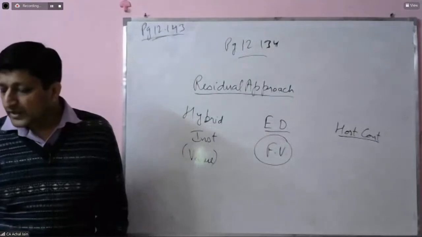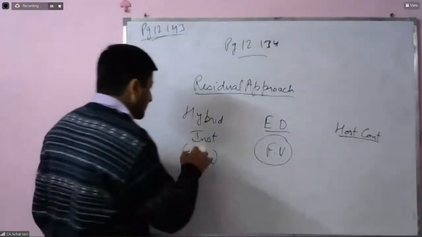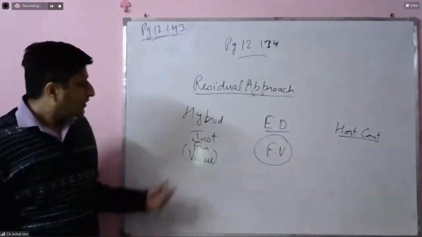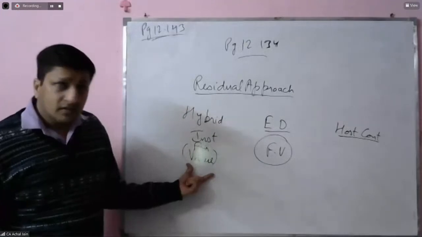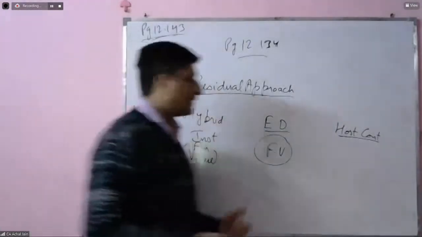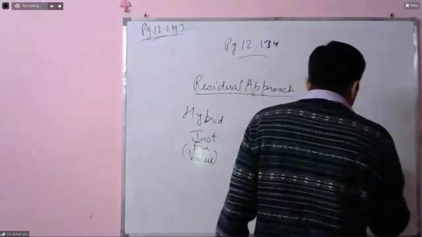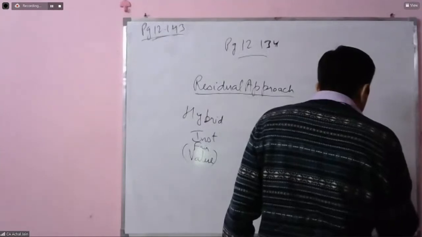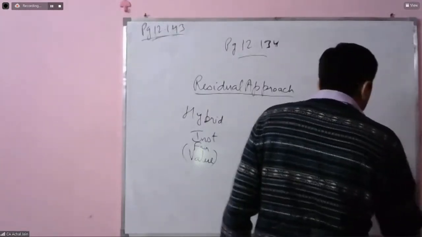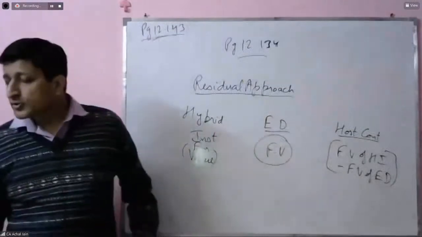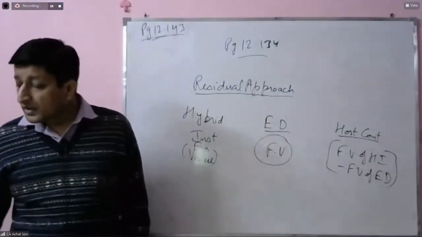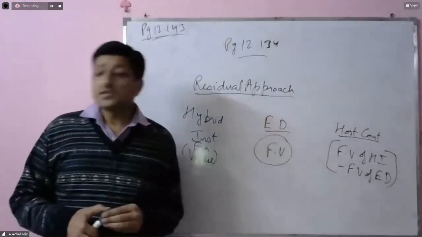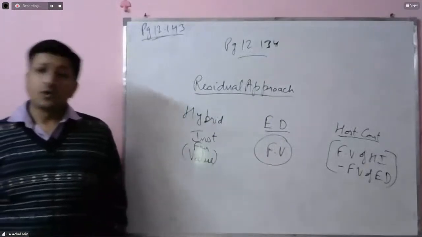And the fair value of hybrid instrument minus the fair value of embedded derivative will be the value of the host contract. That is how we will measure the host contract.